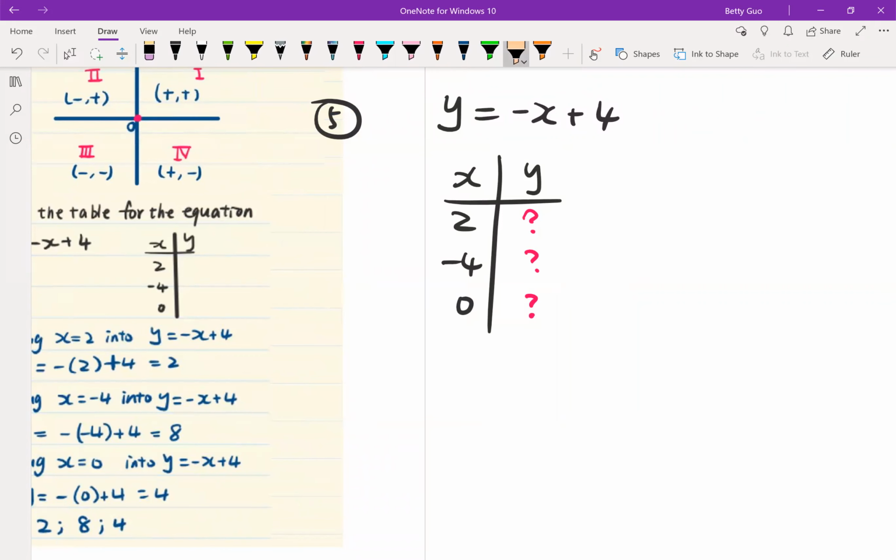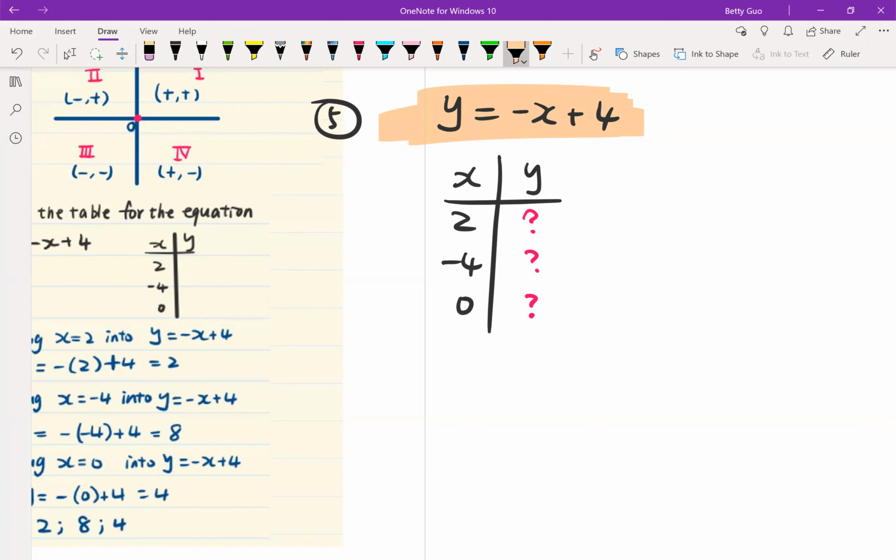When you look at the equation that is given, what do you think? Yes, plug in. But graphically, what's the graph of the equation y equals negative x plus 4? Slope-intercept form of a straight line. So that's a straight line, right? Very good.